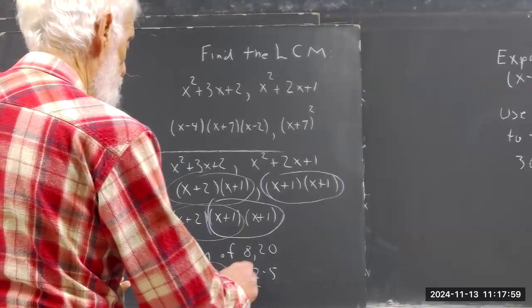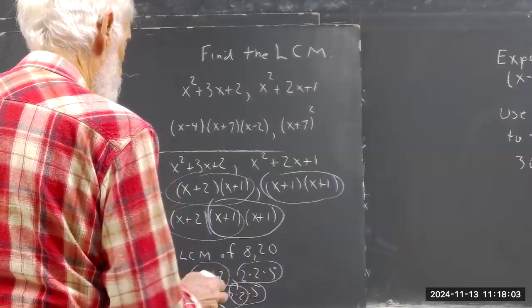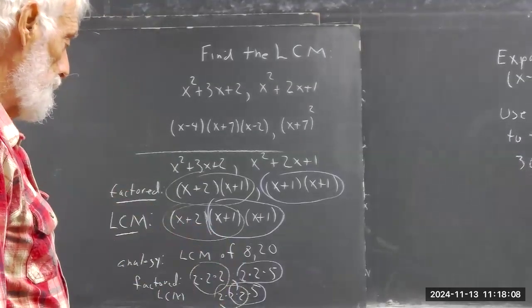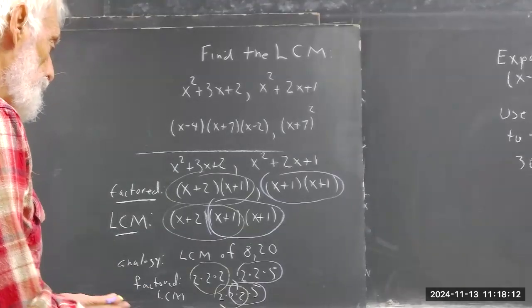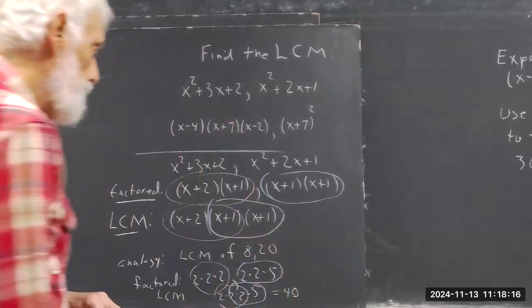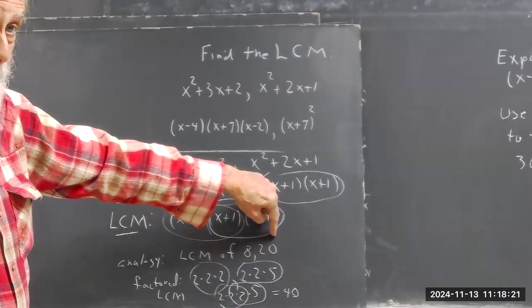And now we have these three factors inside the least common multiple, and these three inside the least common multiple. And that equals, of course, 40, which is the smallest number that you can divide by 8 and by 20.